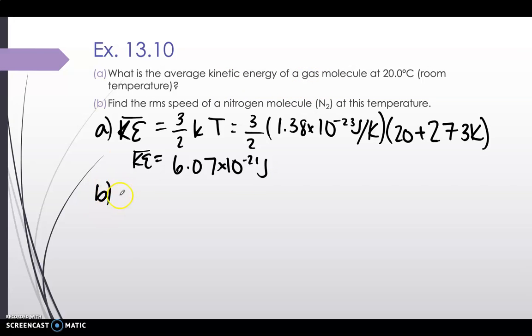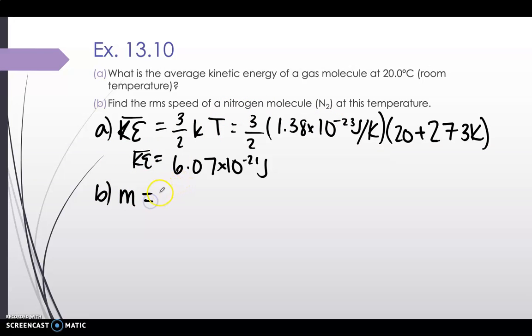Now it asks to find the RMS speed of a nitrogen molecule at this temperature. So the first thing we need to do is figure out what my mass is of that nitrogen molecule.